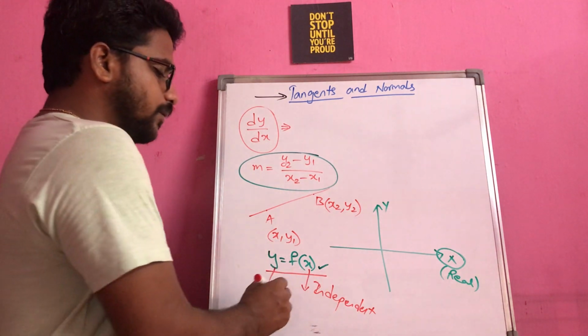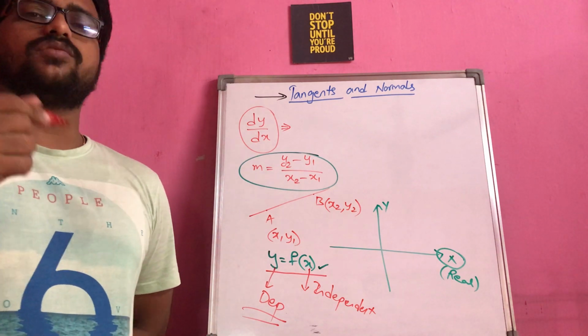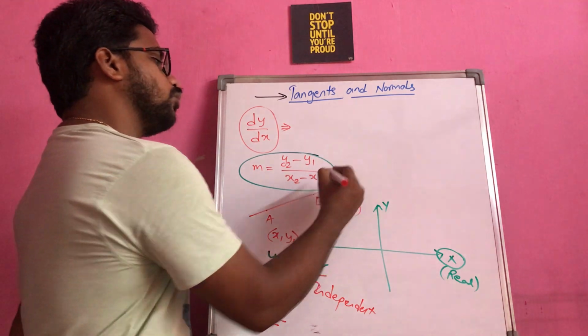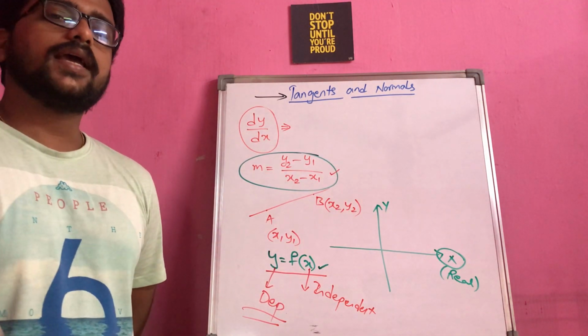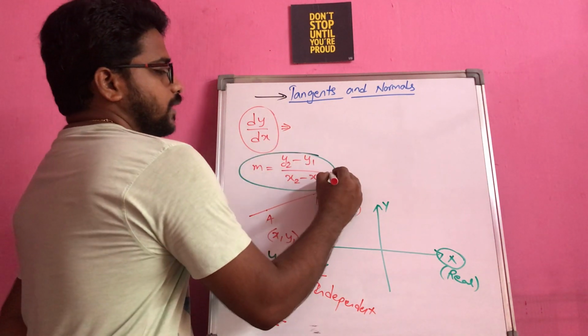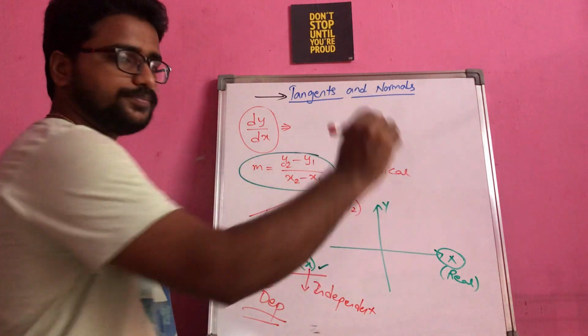Because it is completely dependent on the value of x. When the value of x changes, obviously the value of y also changes. That's why you find the slope of a line as y2 minus y1 divided by x2 minus x1. This is the geometrical concept of the slope of a line.